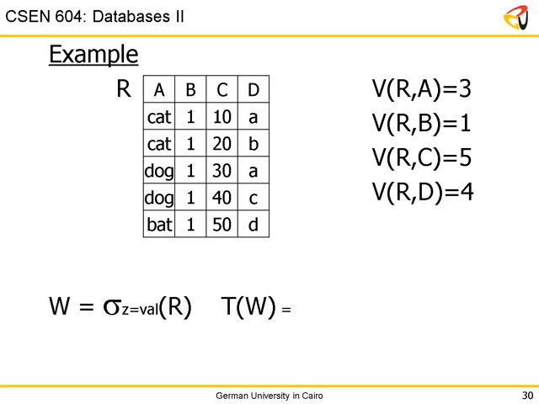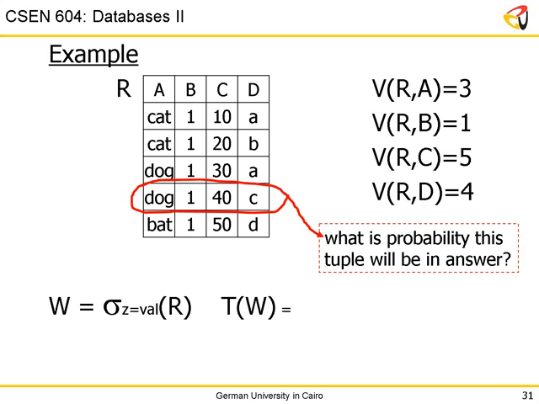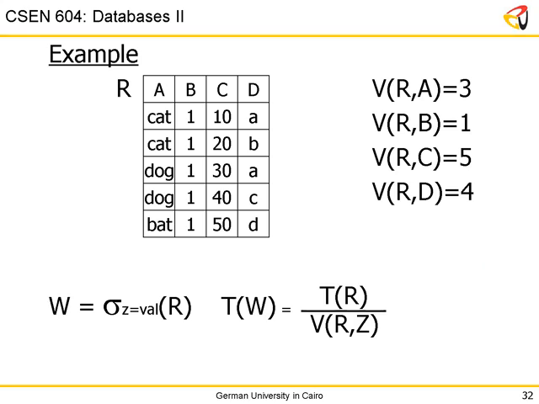But I don't want to look at the val. So this is what I'm going to do. I am basically asking, if you'd like to think of it in terms of probability, what's the probability that any specific row will go into my result set?